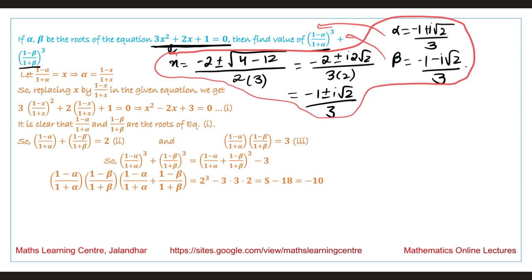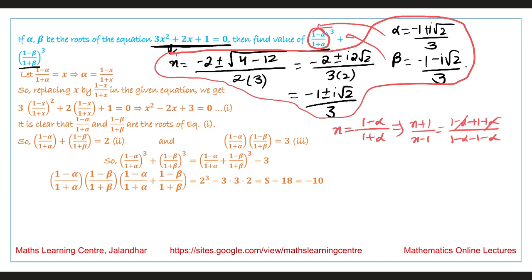Now if we look at this term over here, it is 1 minus alpha over 1 plus alpha, and if we substitute it equal to x, we apply componendo and dividendo, and we obtain x plus 1 over x minus 1 is equal to 1 minus alpha plus 1 plus alpha over 1 minus alpha minus 1 minus alpha.